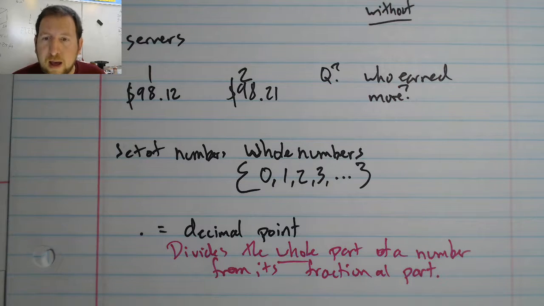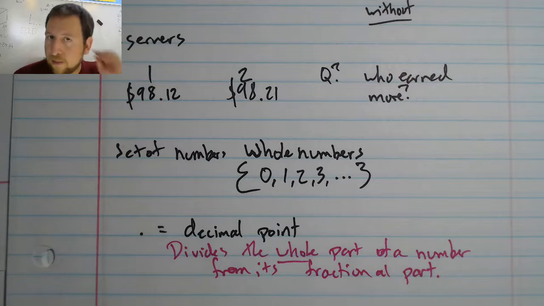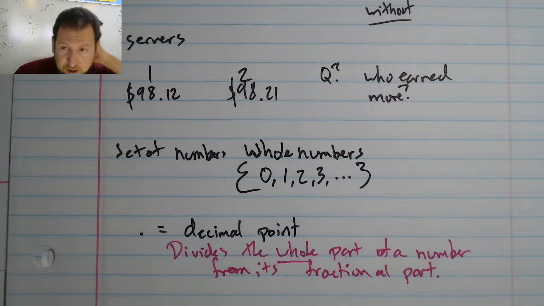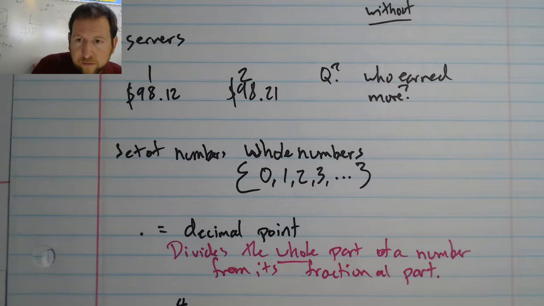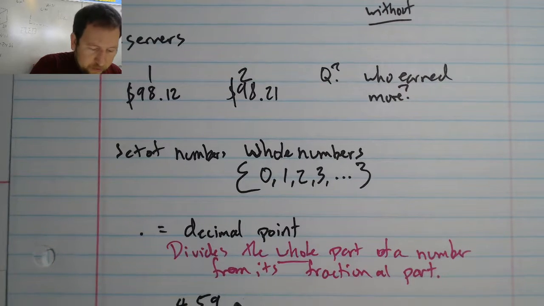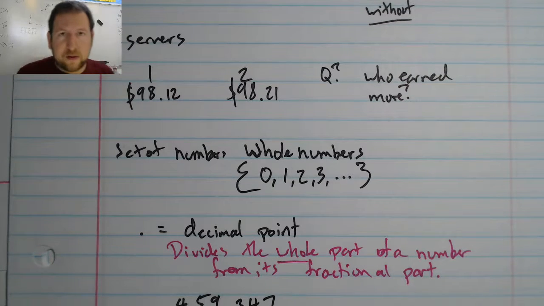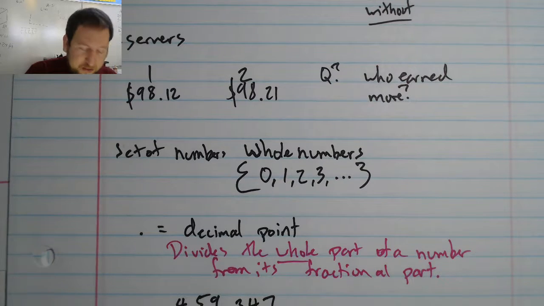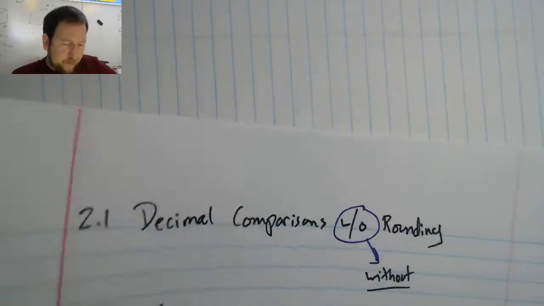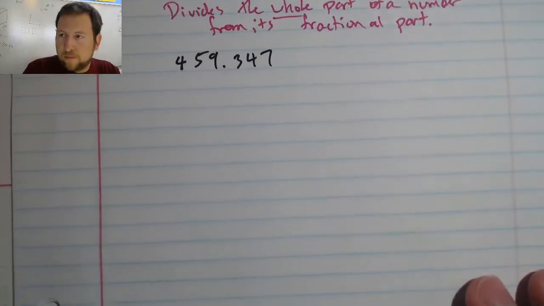Let's take a look at a real quick example of some place value. Let's take a look at this number. 459.347. Now, what we can do with a number like this is we can kind of build its little place value. And we probably did this a long time ago, but let's just build its little chart. Oops, let me move it up a bit so we can see what I'm doing.